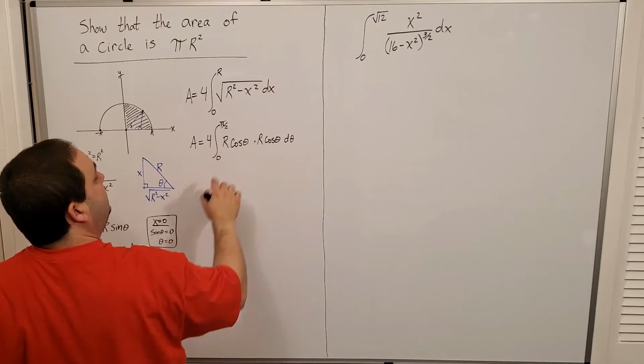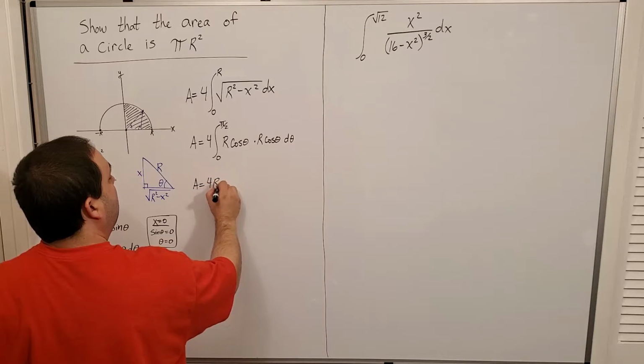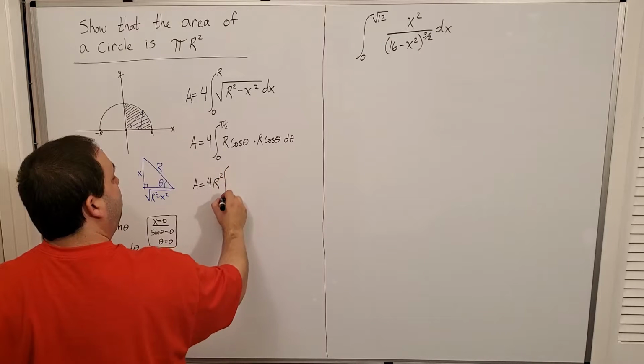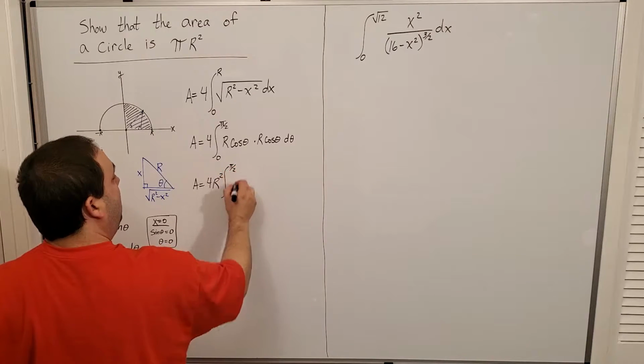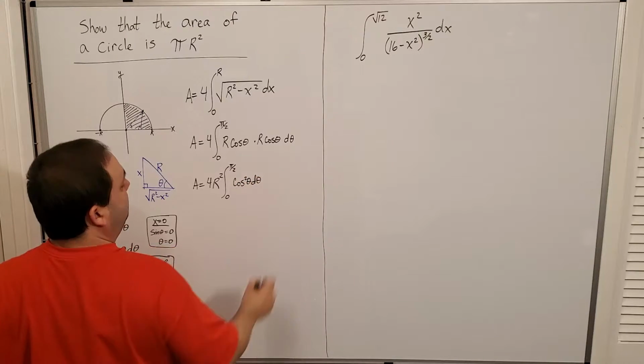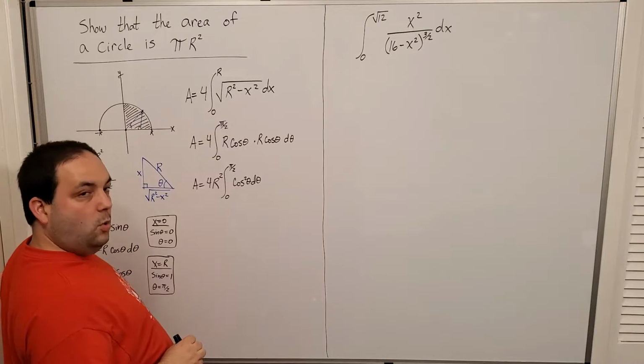Okay, let's simplify this a little bit. I have that this is now equal to 4 times r squared, because those are constants, I can pull them out. Integral from 0 to pi over 2 of cosine squared theta d theta. And I just need to be able to do the integral of the cosine squared.